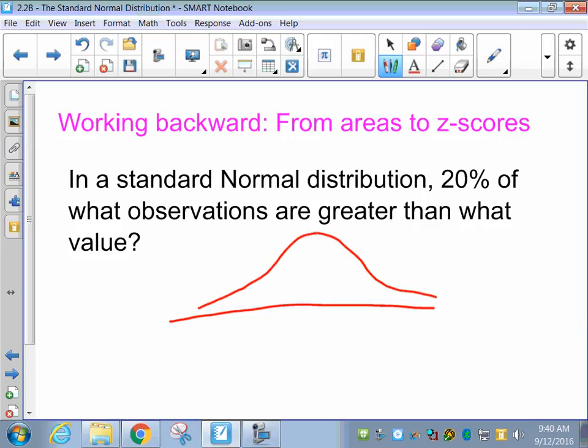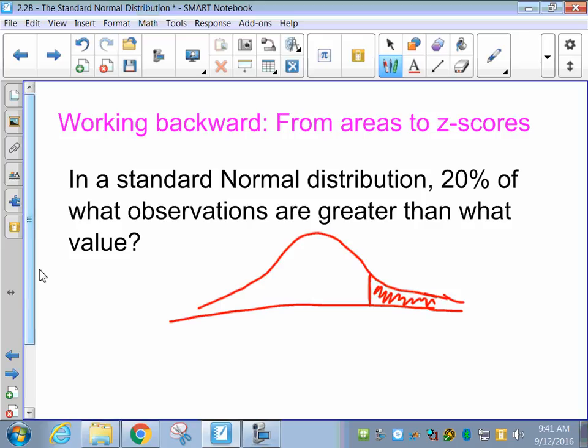Well, if we look at the area of the curve, we've got 50% right in the middle, okay? So we can just estimate 20% being right about there. Okay, 20% are greater than. We want how much is greater than.